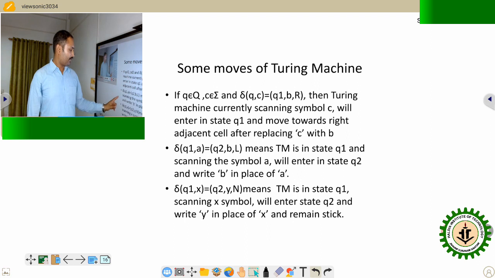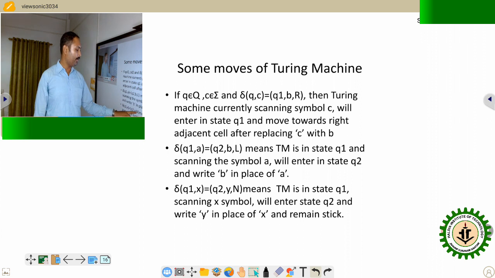And the third point says that the read-write head will do nothing. This is a transition delta(Q1, X) = (Q2, Y, N).